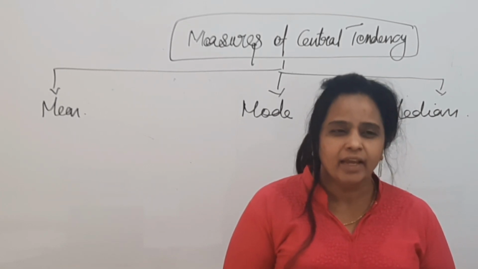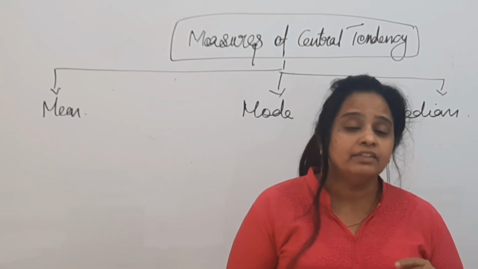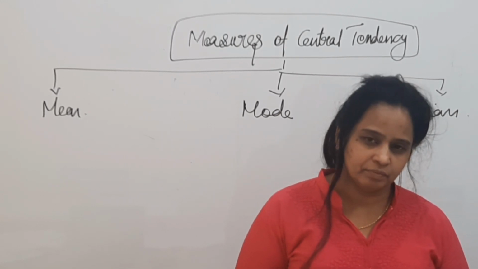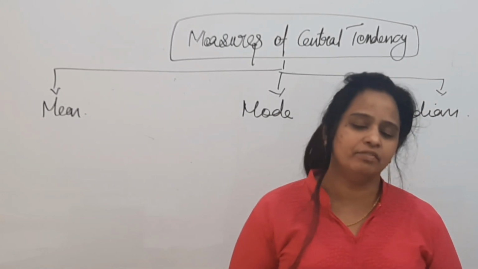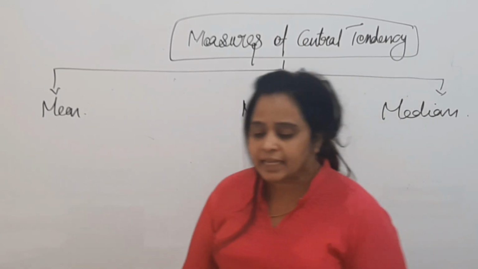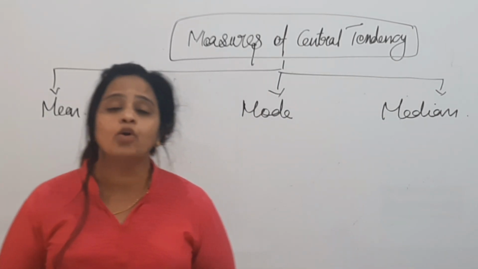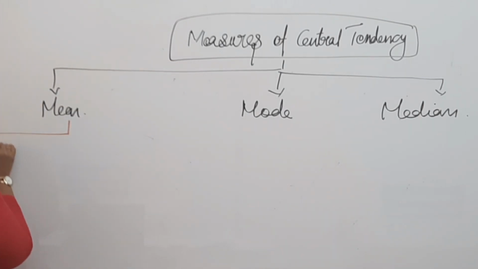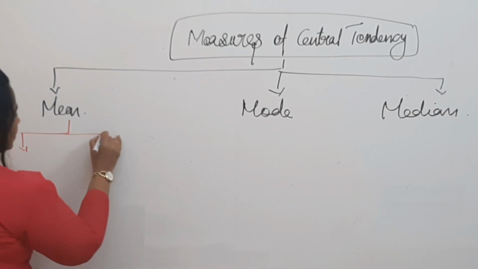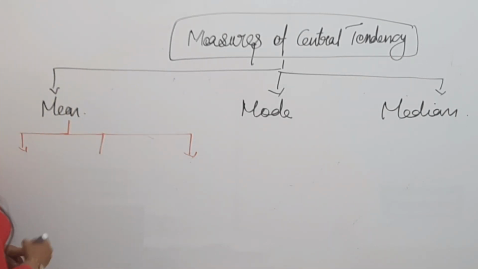This mean, we will find in 3 different methods: direct method, assumed mean method and step deviation method. Each method has its own formulae. Now I am going to write the formulae for each method.